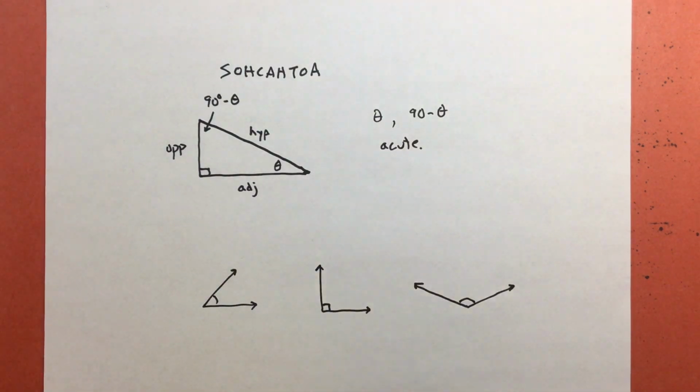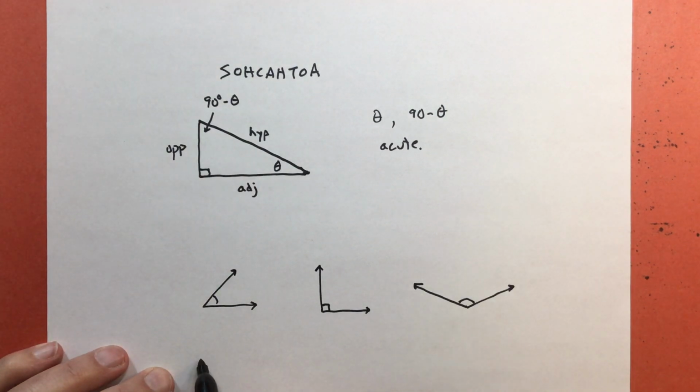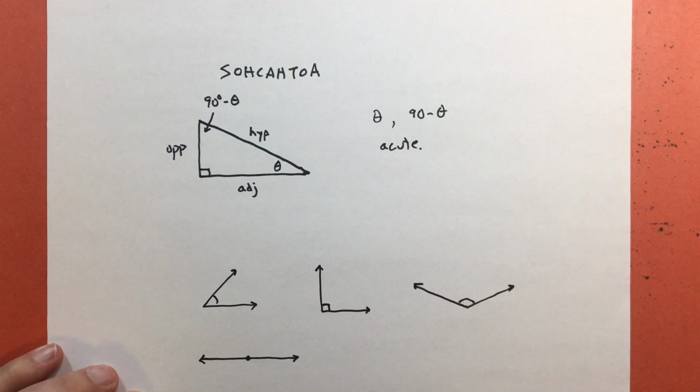There's also something, and I always think it's kind of funny how we say it, a straight angle, which is a contradiction in terms. So we have basically two rays coming from the same endpoint, going in exactly opposite directions, and we say that this is 180 degrees.